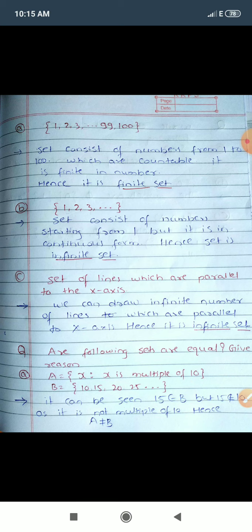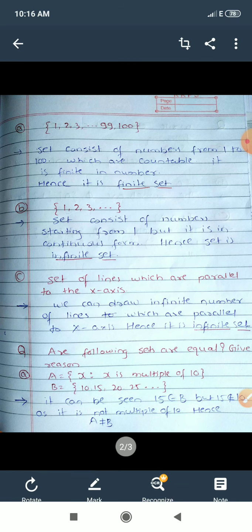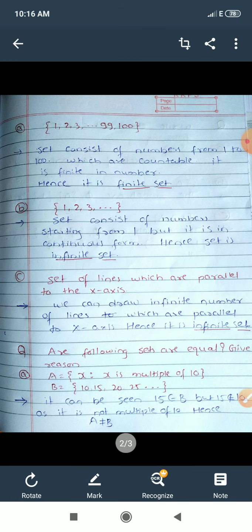If the sets are different, we cannot equate the given two sets. If set A consists of 4 elements and set B consists of 4 elements, but all the elements are different, we cannot say A equals B. Moreover, if two elements of set A are equal to 2 elements of set B, then also we can't say that the two sets are equal.